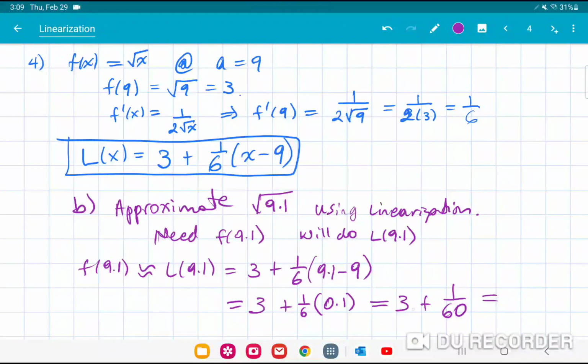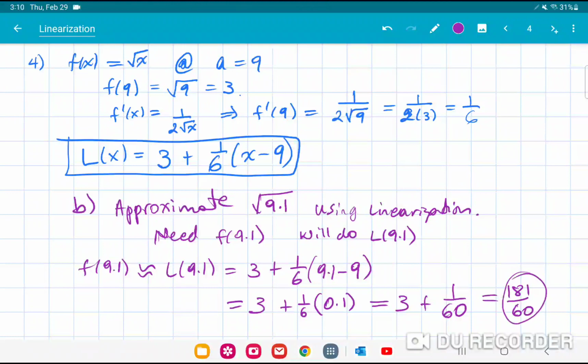So if you add these two, this gives you... No, 6 times 3 is 18, so 181/60. That's an approximation to the square root of 9.1.